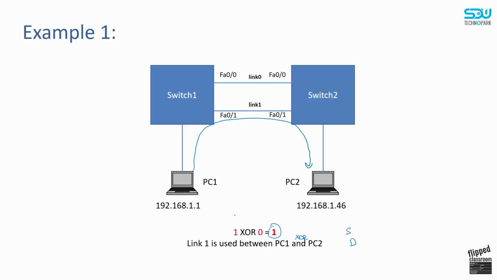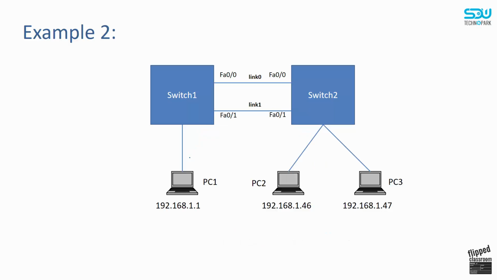We'll have a vice versa situation, 0 XOR 1, which will give us the same result, 1. So in this situation, when we have communication between computer 1 and computer 2 through our EtherChannel, we will not have a normal balanced communication. All of our communication between these two computers will be happening through the same link.